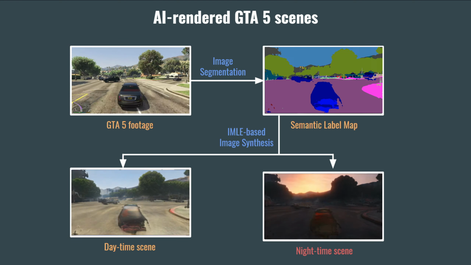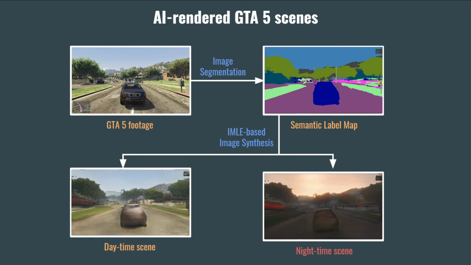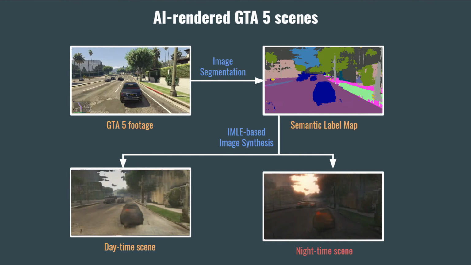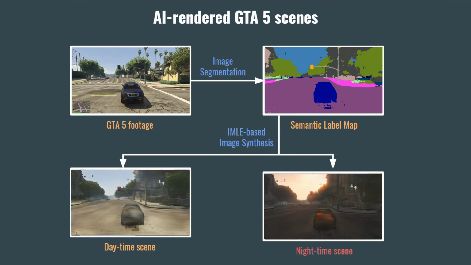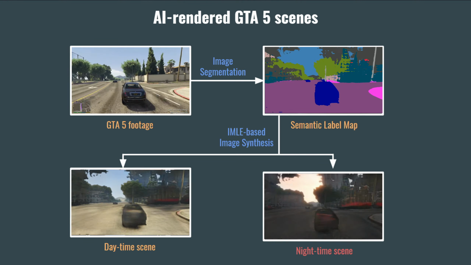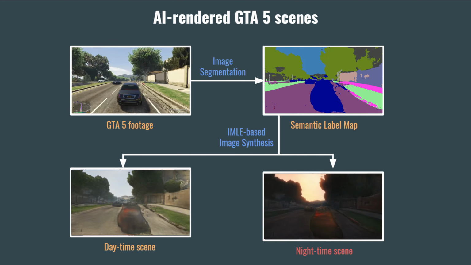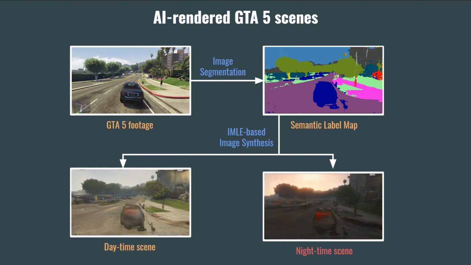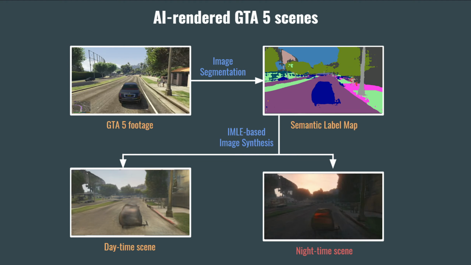I tried out this method on a footage of GTA 5 just to visualize how it would look like. So I took a short video and used a segmentation network to derive the semantic label maps. And sure enough, after running it through the IMLE based network, the output I got was amazing.